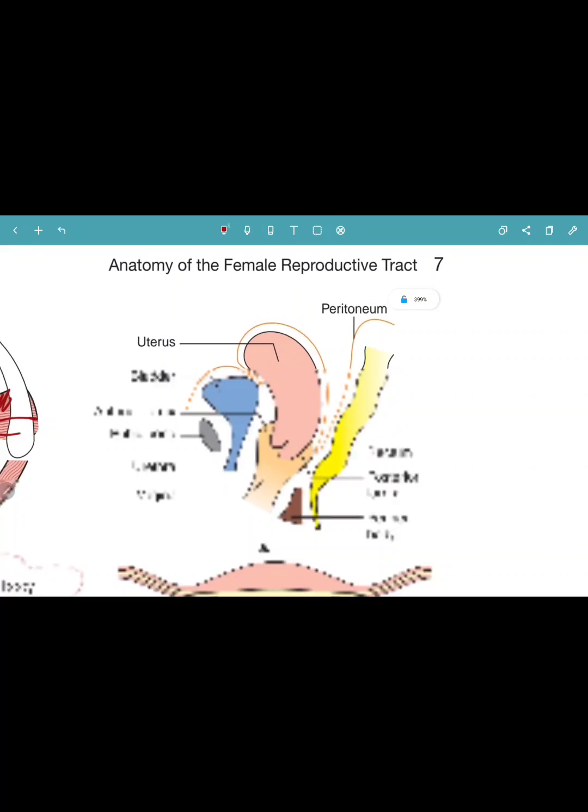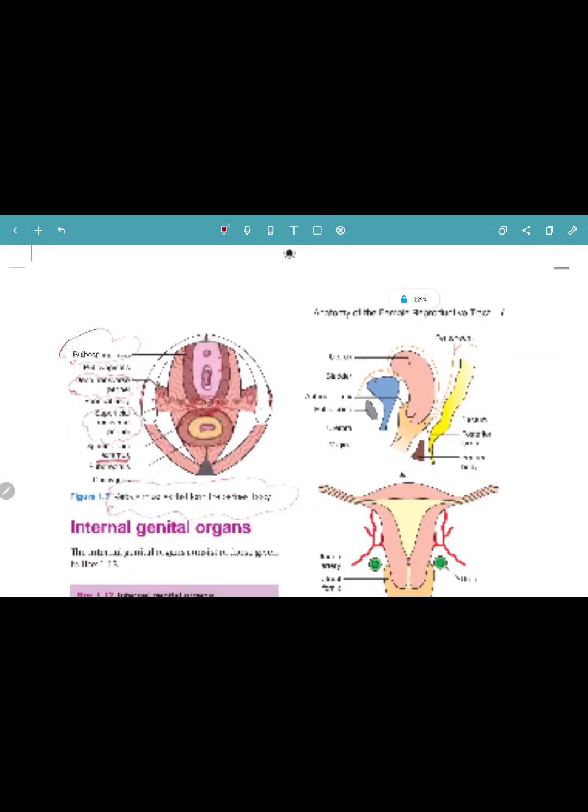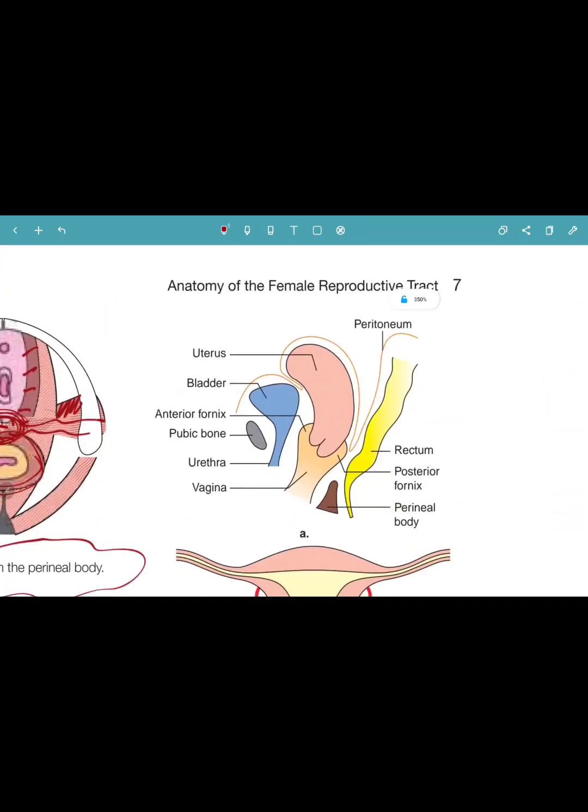If you look at this figure, this is your vagina, formed from the vestibule up till the cervix, and then this is your uterus.